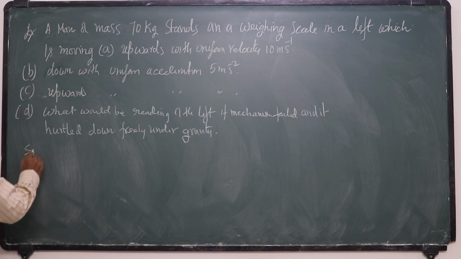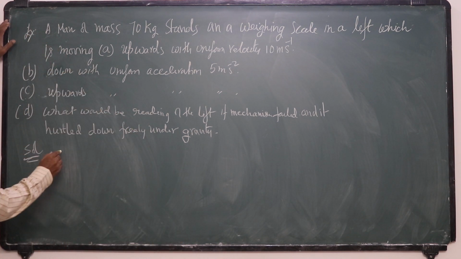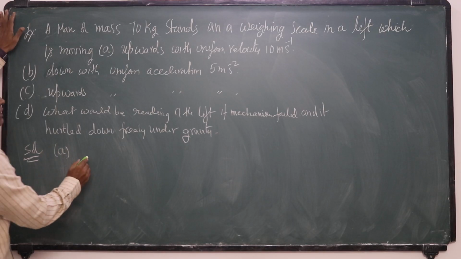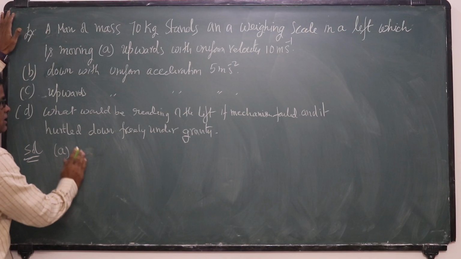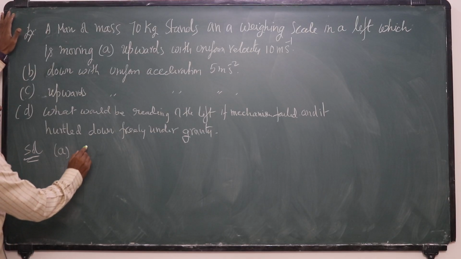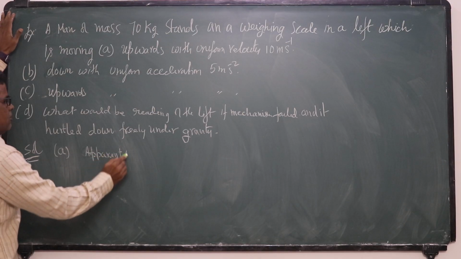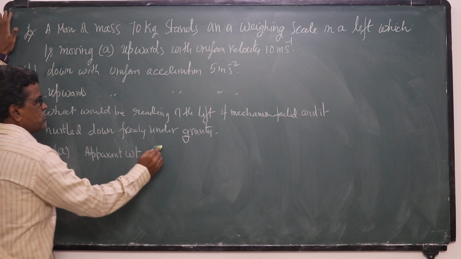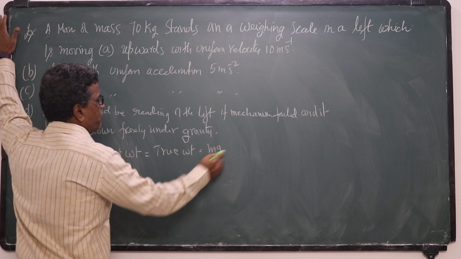So, the solution, as I discussed in this earlier case, the first case, when the lift is moving with uniform acceleration, for case A, apparent weight is equal to true weight, that is mg.